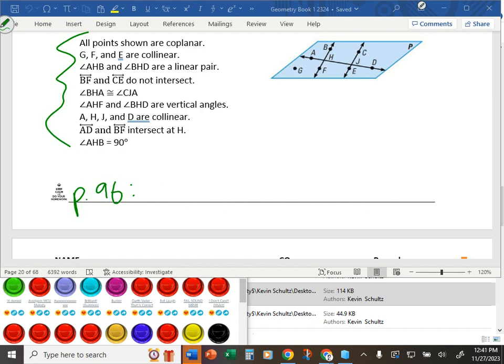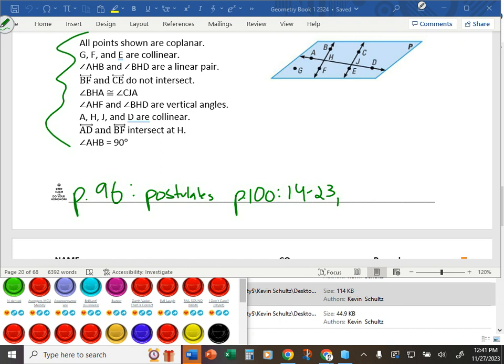And then from your textbook, you are to do page 100, 14 through 23.